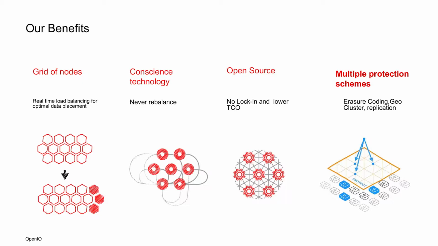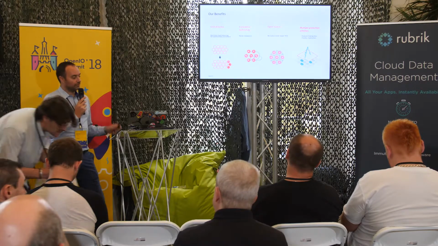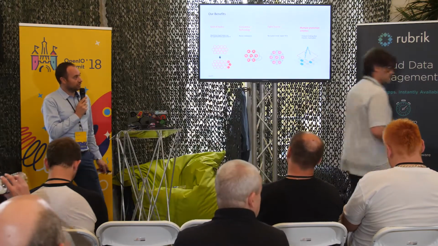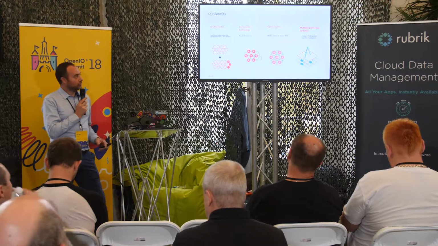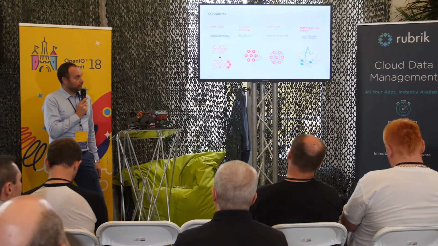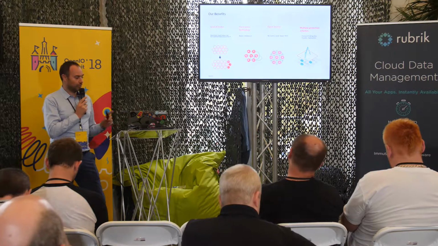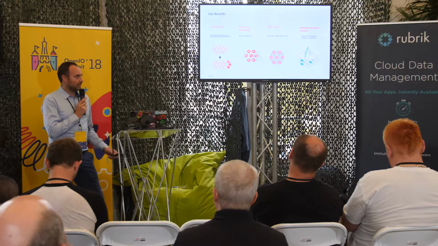You are open source. Open source gives you control of your architecture and your solution, and provides a way to avoid vendor lock-in with our solution. If you want to change from OpenIO to another private cloud provider, we can swap the solution.